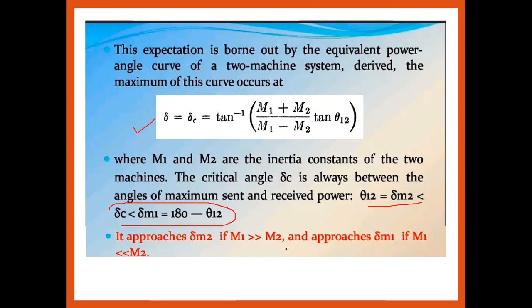So it approaches delta m2 if the moment of inertia of machine 1 is greater than M2, and it approaches m1 if M1 is less than M2. Means the critical angle of delta reaches delta m2 if the moment of inertia of machine 1 is greater than machine 2, or vice versa.